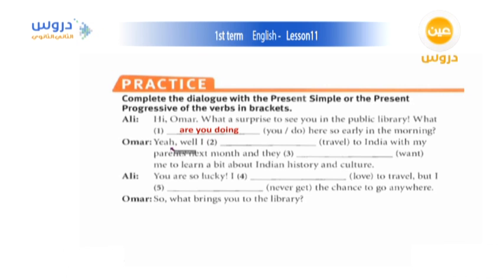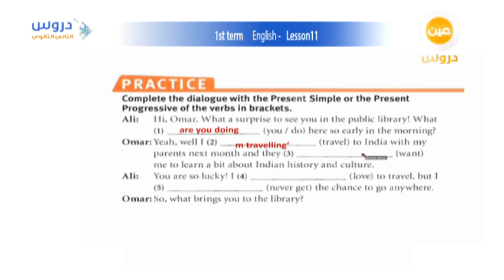Number 2, Omar. Yeah, well, I travel to India with my parents next month. Yes, Anud. Good. Thank you, Anud. Yes, and Ghalia. So we can say, I'm traveling to India with my parents next month, and they want.